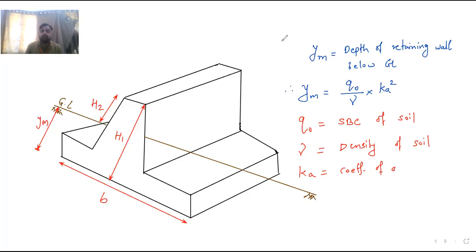Okay, you can say coefficient of earth pressure. If Kp is there, then coefficient of passive earth pressure. If Ka notation is there, then coefficient of active earth pressure.